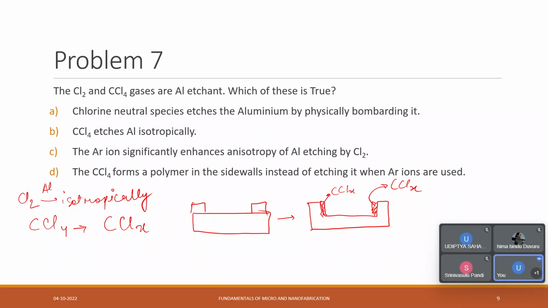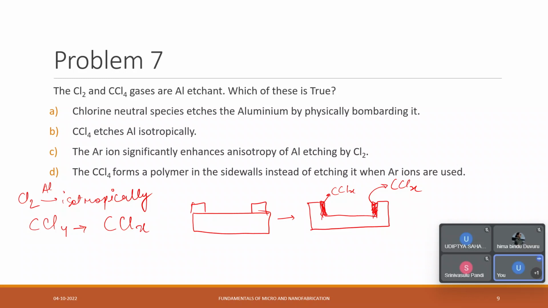So essentially CCl4 forms this polymer and helps in getting this anisotropic nature. Also, they have proved, by changing the flow angles of the argon ions, that this kind of polymers are formed on the sidewalls.